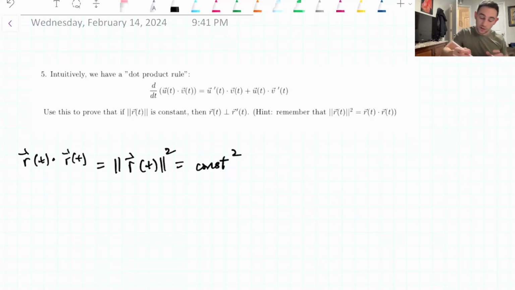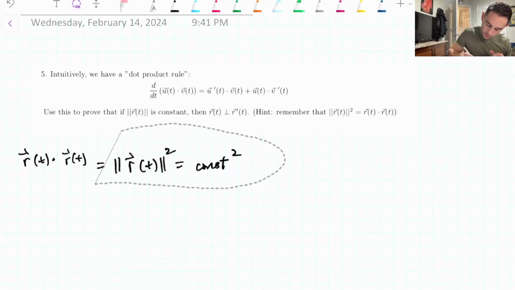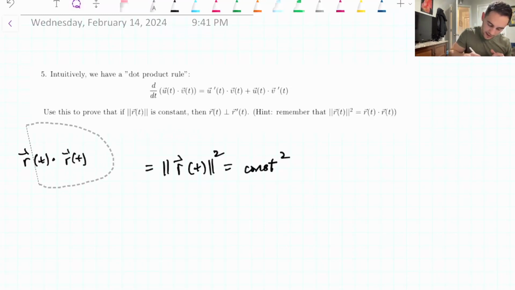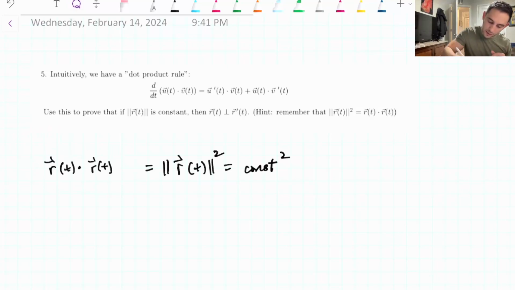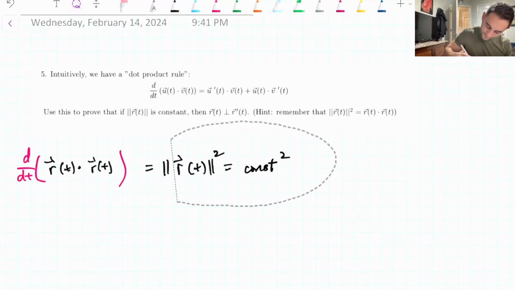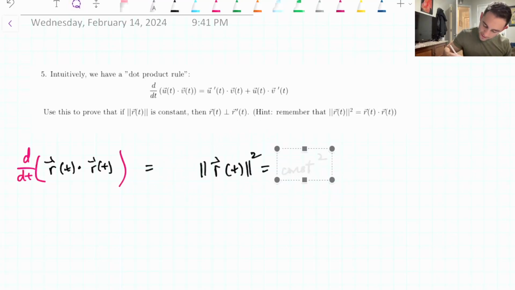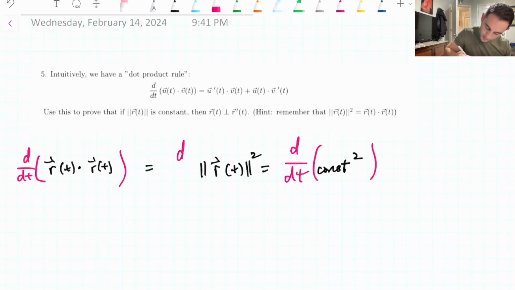And by using our dot product rule, which says that taking the derivative of a dot product follows the exact same procedure as taking the derivative of a product of functions in single variable calculus, I can imagine that I'm going to find a dot product equal to 0 because I am taking the derivative of a constant squared.